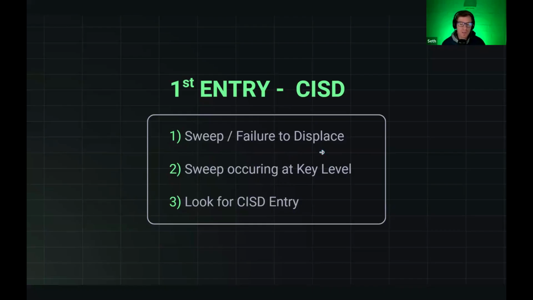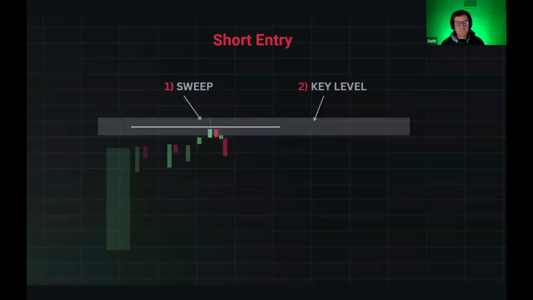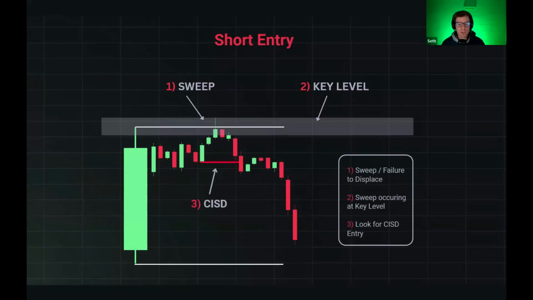That key level will be a fair value gap, a swing high, a swing low point, a higher time frame high or low, whichever key levels that we've gone through multiple times in this course that you like to use. So we just want to see a sweep occurring at a key level. And then number three, we jump onto a lower time frame and we look for the CISD entry, which is the break of and close of the CISD. So breaking it down into more details, this is exactly what we want to look for.